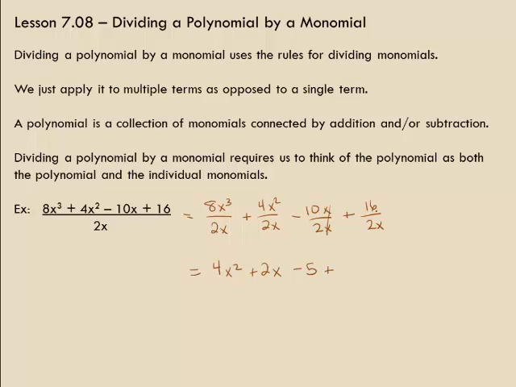And then 16 divided by 2 is 8, and we have that x left over, so that stays in the denominator. Now you don't have to write this out, you can individually divide each term, or you can write it out if you want to. That choice is up to you.